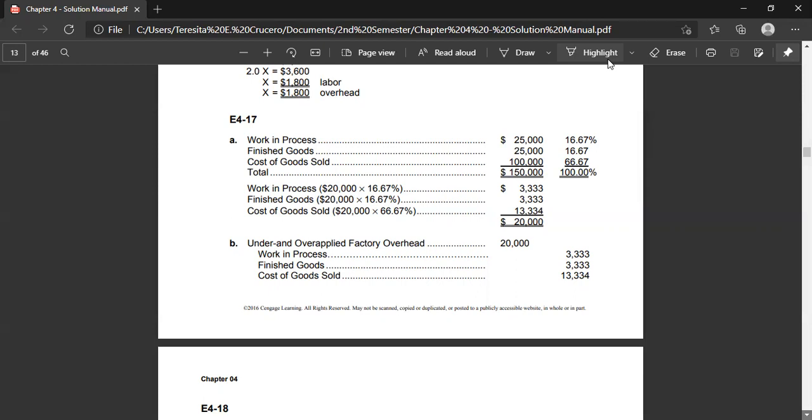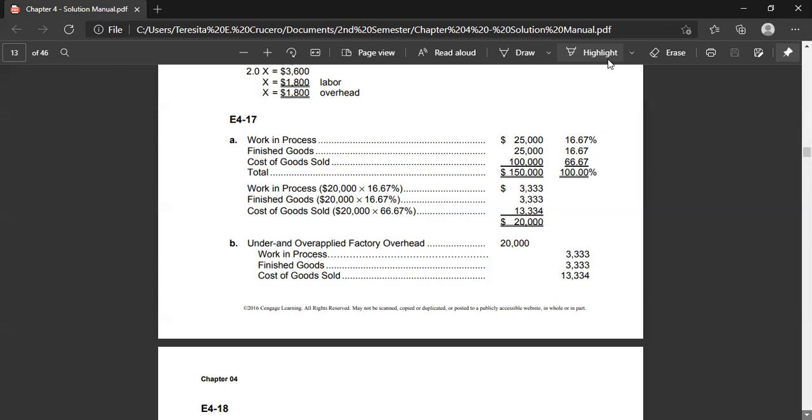We have the amount of unearned over applied factory overhead that we are going to close because the problem states that the account unearned over applied factory overhead at year end has a credit balance. So we can close the credit balance by debiting it. So we now debit unearned over applied factory overhead and credit the three accounts.